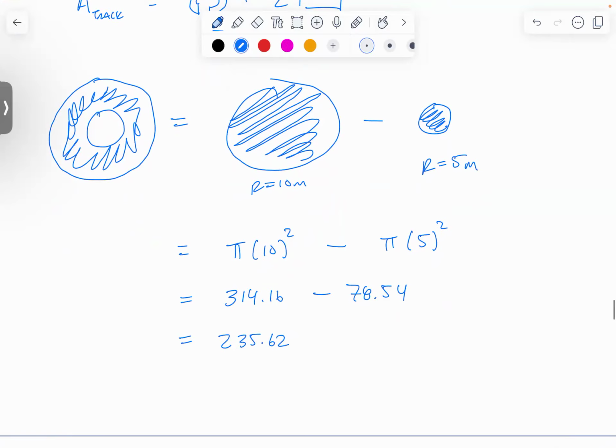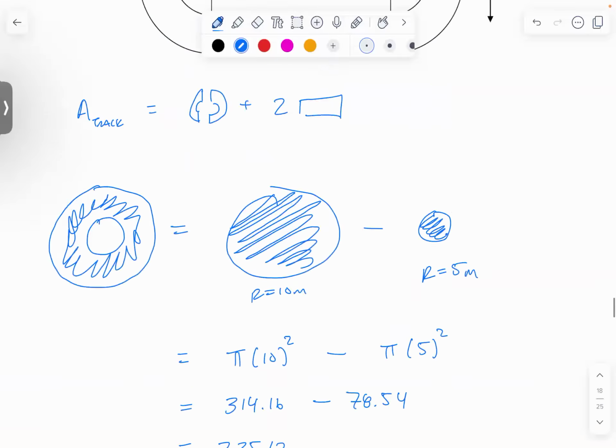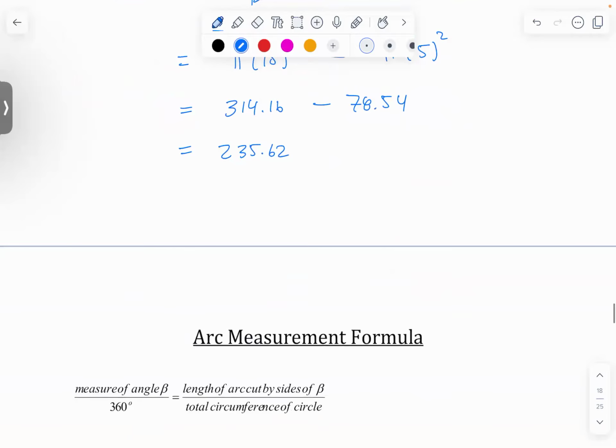So if I have the area of the two semicircles, then I just need the area of the rectangles.